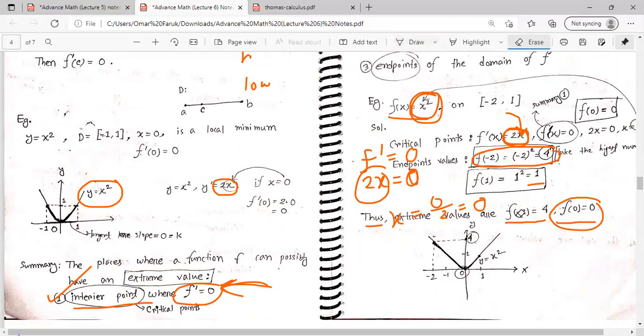So Nahid, Zakira, can you understand? Yes. So we got our extreme values: f of minus 2 is equal to 4 and f of 0 is equal to 0.